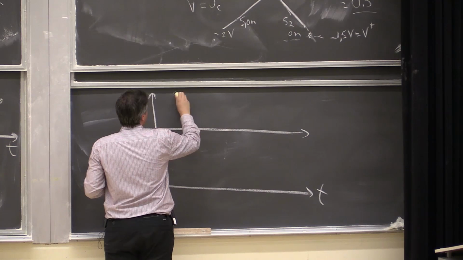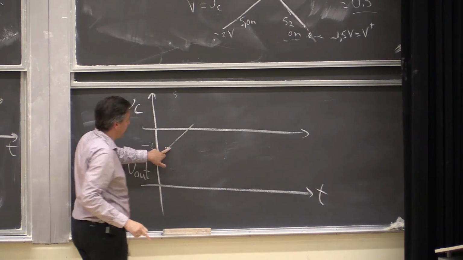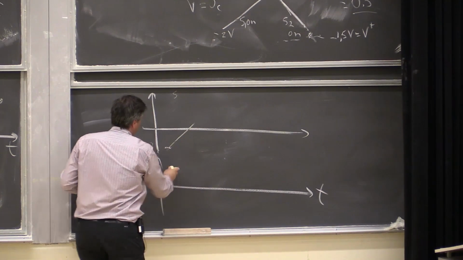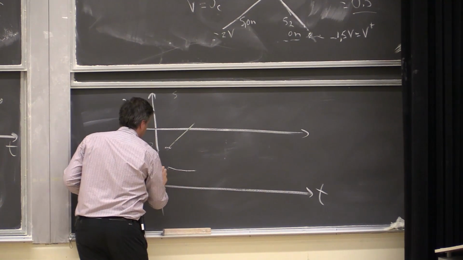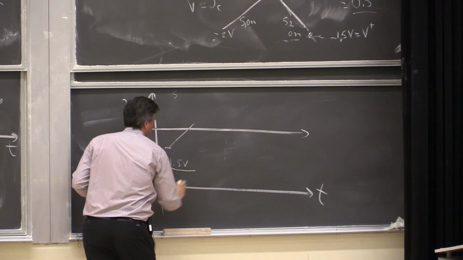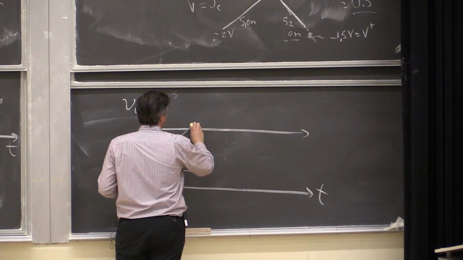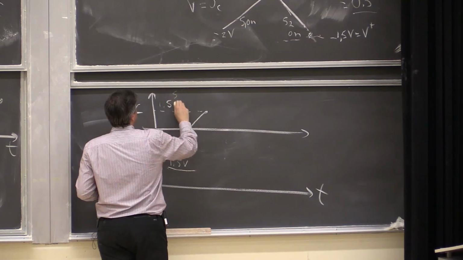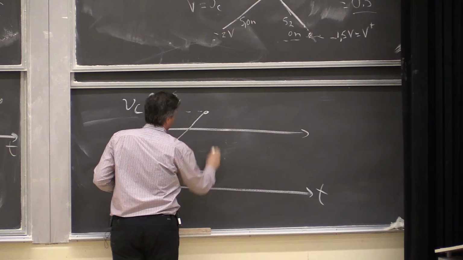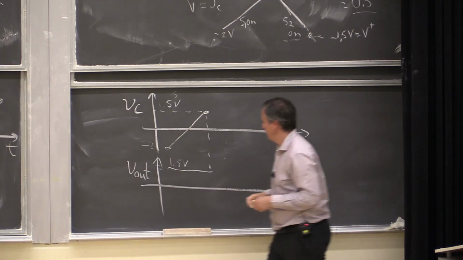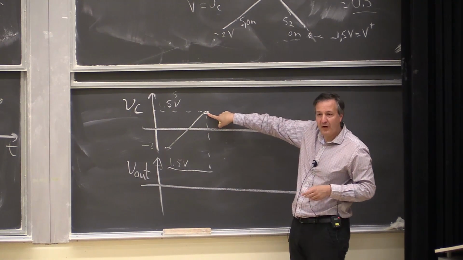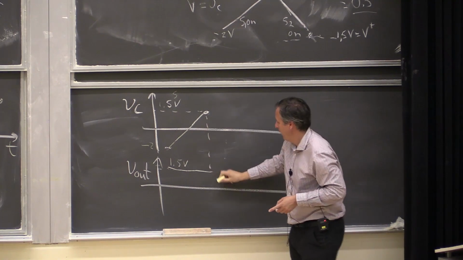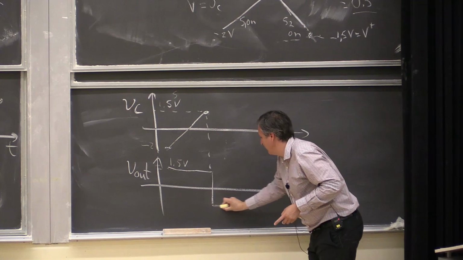During that time, as it is minus 2, the output was basically high, was at 1.5 volts, all the way up until VC is at 1.5 volts. When VC hits 1.5 volts, the comparator flips. Right? The comparator flips and generates minus 1.5.